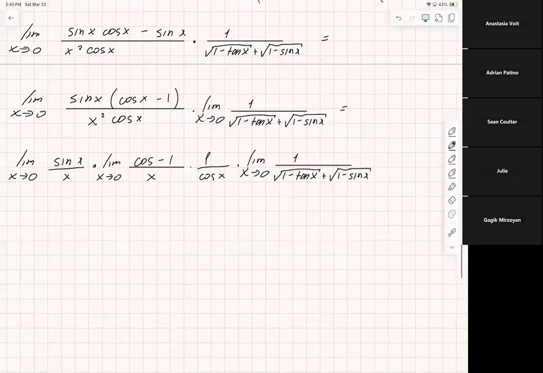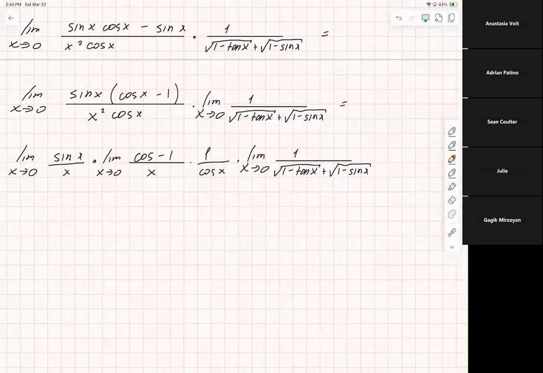All right. Now, we know that this one is equal to 1. This one is equal to 0. Let me write here the limit as x approaches 0 of 1 over cosine x, it will be 1 over cosine 0, which is just 1, right? Now here, if we plug in 0 into tangent, tangent becomes 0. If we apply x equals 0 to sine x, that will also be 0.